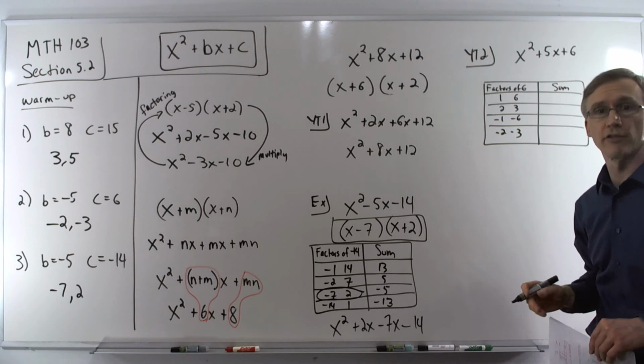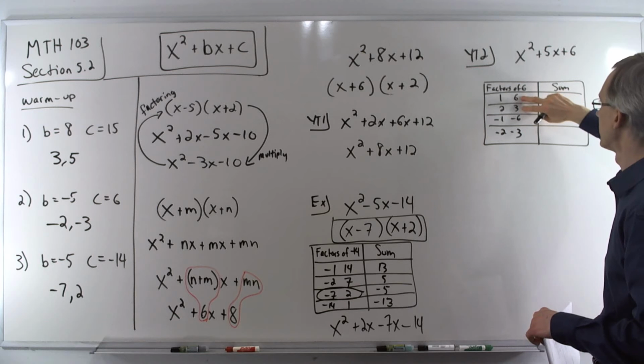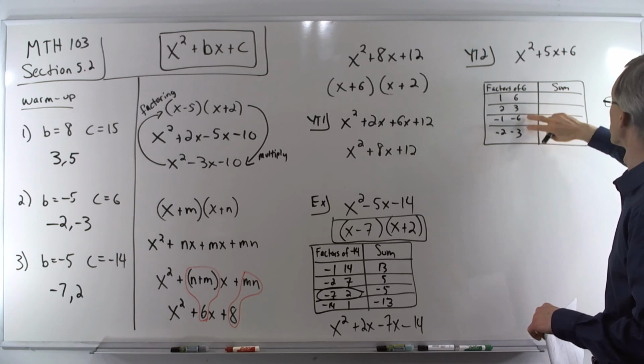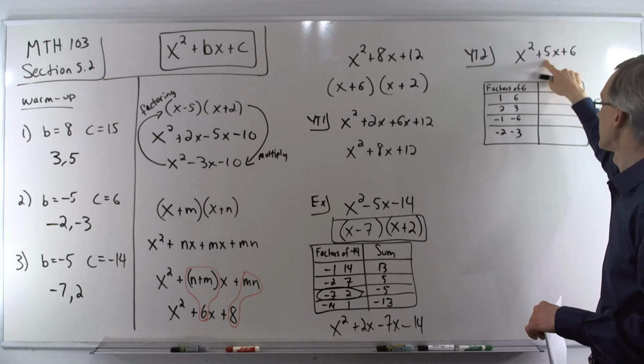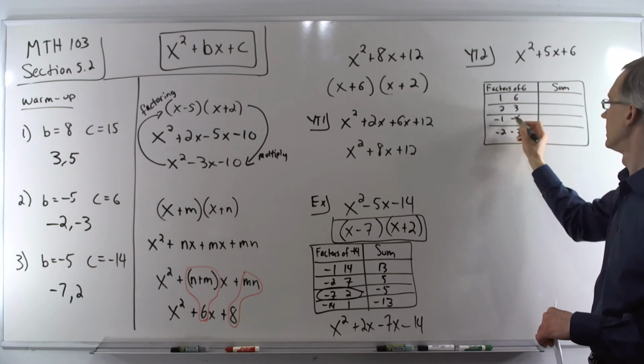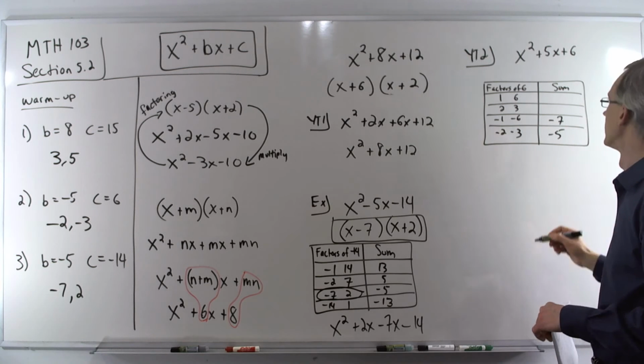So I wrote down a list of all the factors of positive 6. So we can multiply two positive numbers together, or we can multiply two negative numbers together to get positive 6. Now, the sign on the middle term is positive, so these can't possibly be it. As you'll see, we get negative numbers over here for the sum.